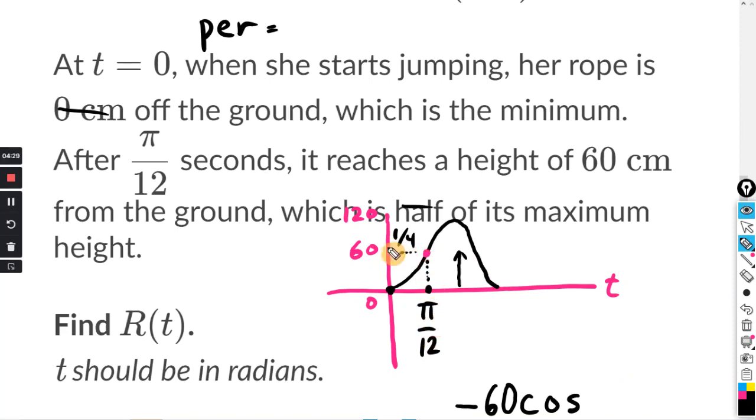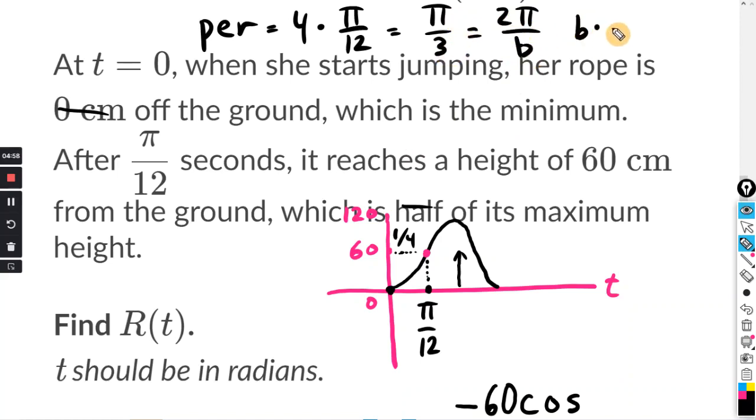We have to multiply pi over 12 times 4. 4 times pi over 12. 12 divided by 4 is 3, so that's going to be pi over 3. And the formula for period equals 2 pi over b. Cross multiply: b times pi equals 3 times 2 pi. 3 times 2 pi is 6 pi.